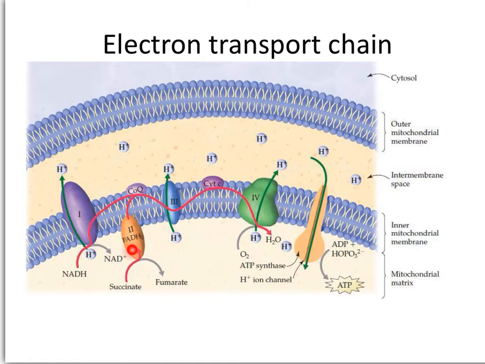This one does not pump protons to the intermembrane space. Complex number 4 contains a heme that can bind oxygen, where oxygen can be reduced to water. Complex number 5 represents ATP synthase. This is the enzyme that allows the passage of protons back into the matrix and also synthesizes ATP.